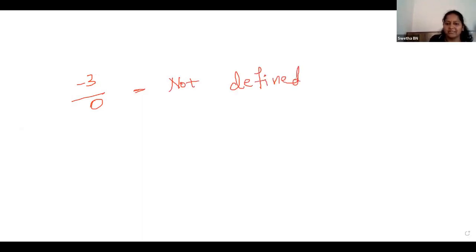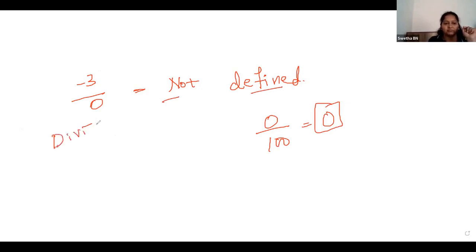Okay children, you should know this concept. 0 by any number, what answer comes? 0 comes. Any number by 0 is not defined. So it is not closed under division. Understood? So this is about the closure property.